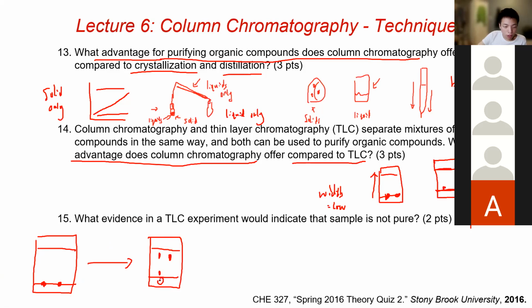Which one was pure, 1 or 2? Yeah, 2. It is 2 because there's only one compound. And for 1, there are 2 compounds, which means there are impurities. It's not pure. So that's the explanation.